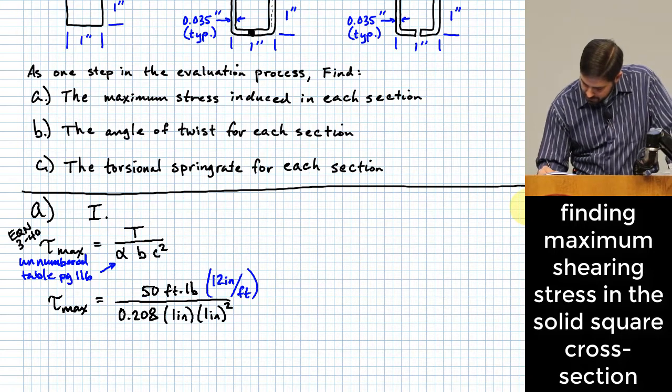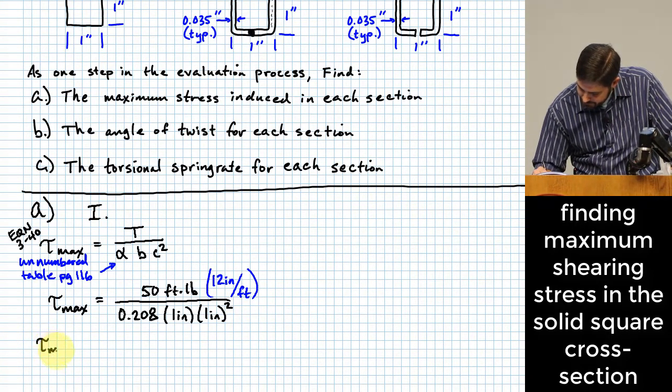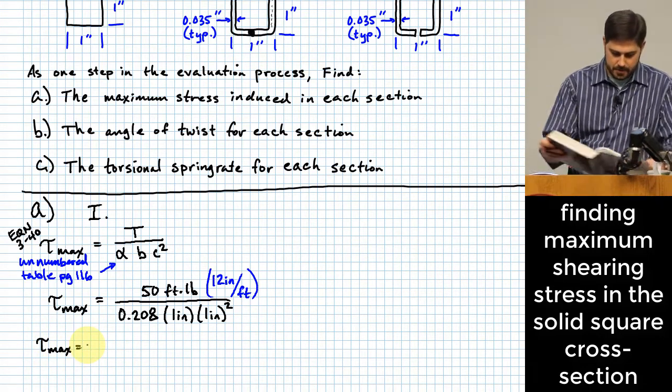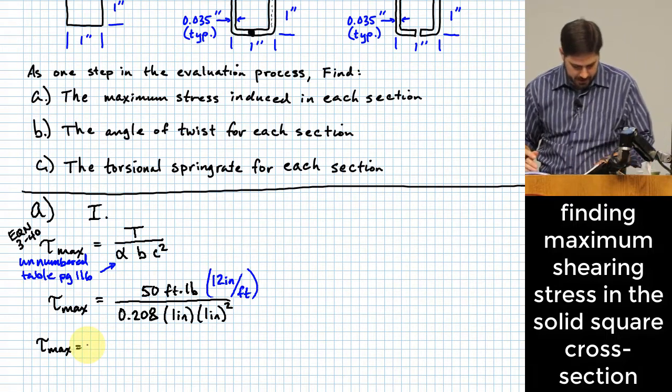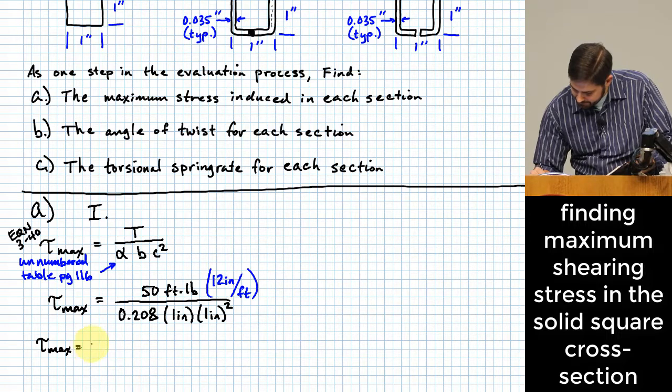Okay, and so this allows us to find our maximum shearing stress, which is 2.885 KSI.